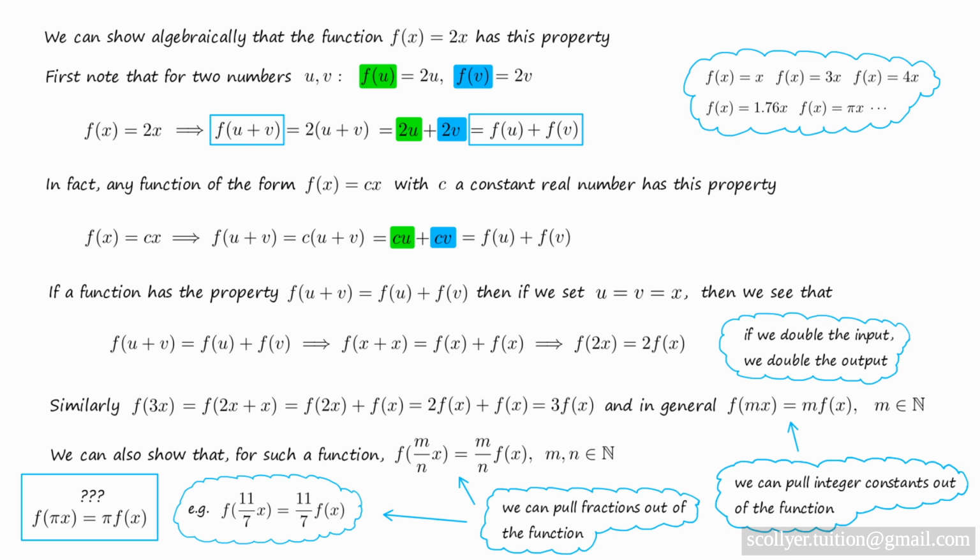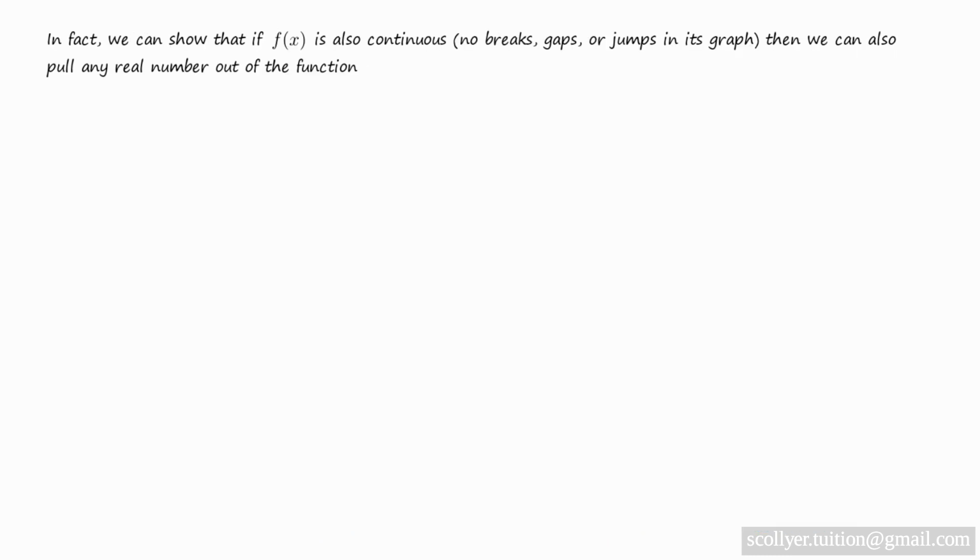Well, in fact, in general, we cannot pull any real number out of the function. However, it's possible to show that if f of x is also continuous, which means that there are no breaks, gaps or jumps in its graph, then we can pull any real number out of the function.